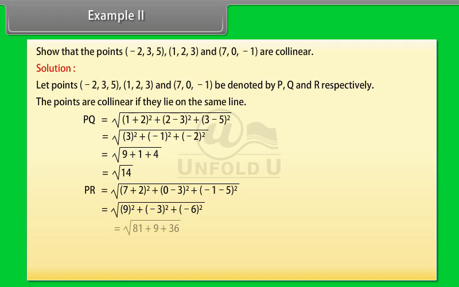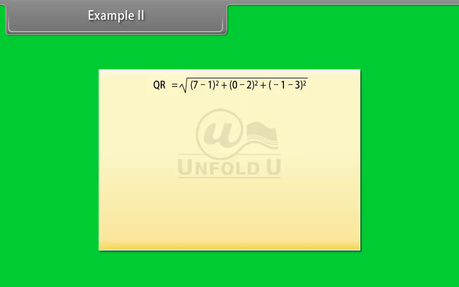After calculating PR, we get 3 into square root of 14. QR is equal to the square root of (7 minus 1) squared plus (0 minus 2) squared plus (-1 minus 3) squared. After calculating QR, we get 2 into square root of 14.